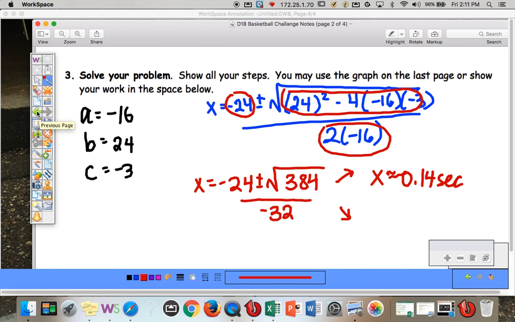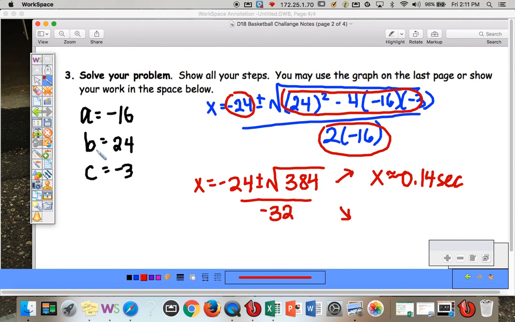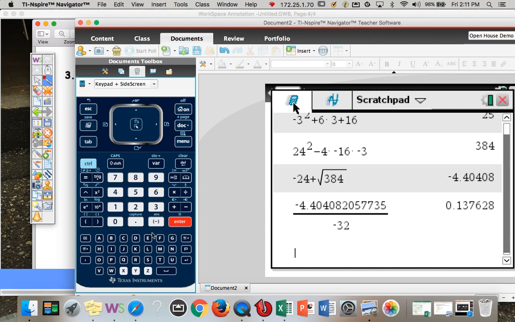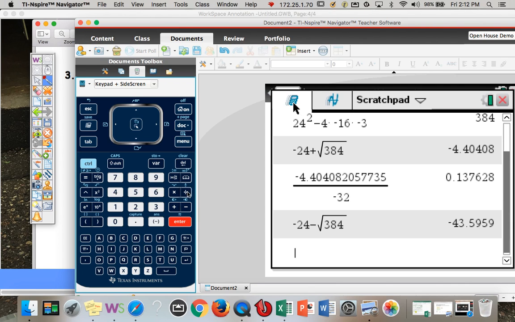The ball will hit 10 feet first. So that would be the first time it hits 10 feet, and then it's going to travel up and hit 10 feet again. So that's the number we're looking for. When does it hit the basket? Let's do negative 24 minus the square root of 384, divided by negative 32.